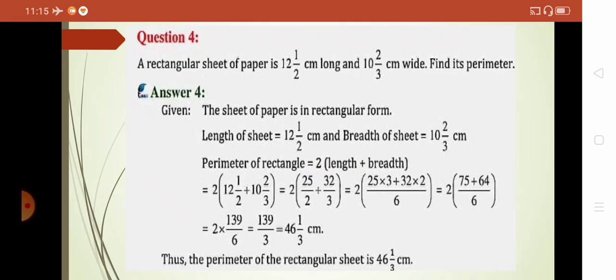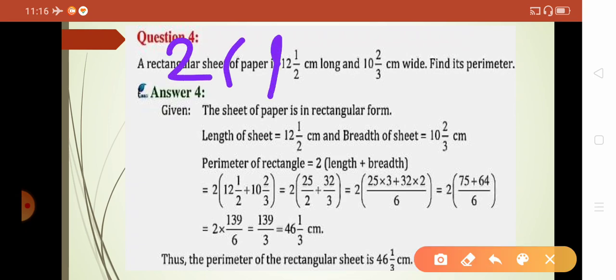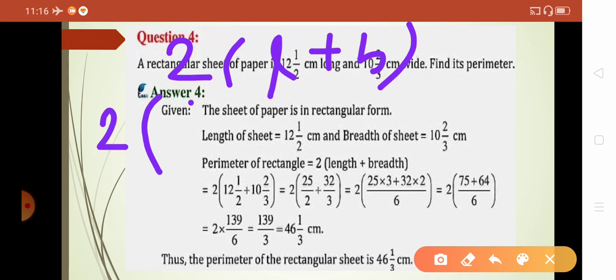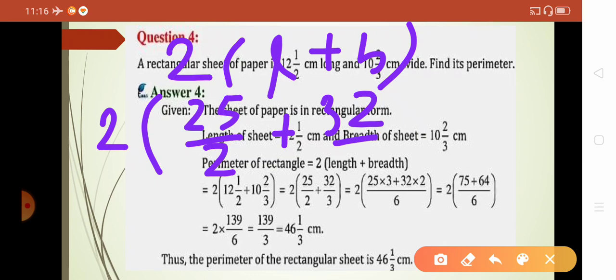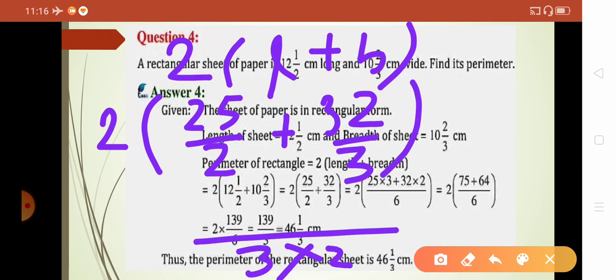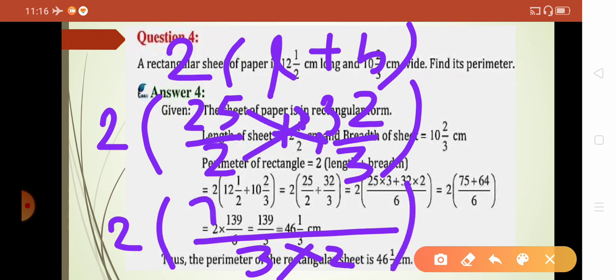Now what you have to do? You have to find the perimeter: 2 into (L plus B), that is the formula for perimeter. So we will put the value of L as 25 by 2 and B as 32 by 3. Here the LCM will come out to be 3 multiplied by 2. After cross multiplication we will get 75 plus 64, because 25 threes are 75 and 32 twos are 64.